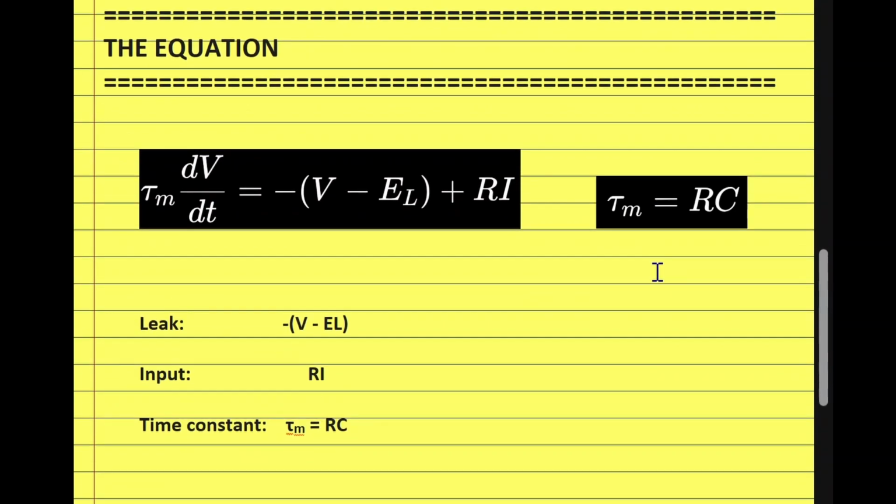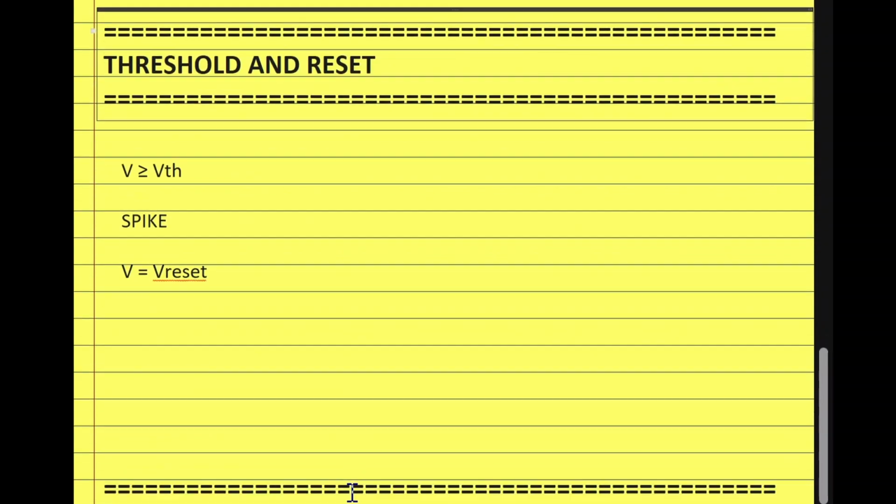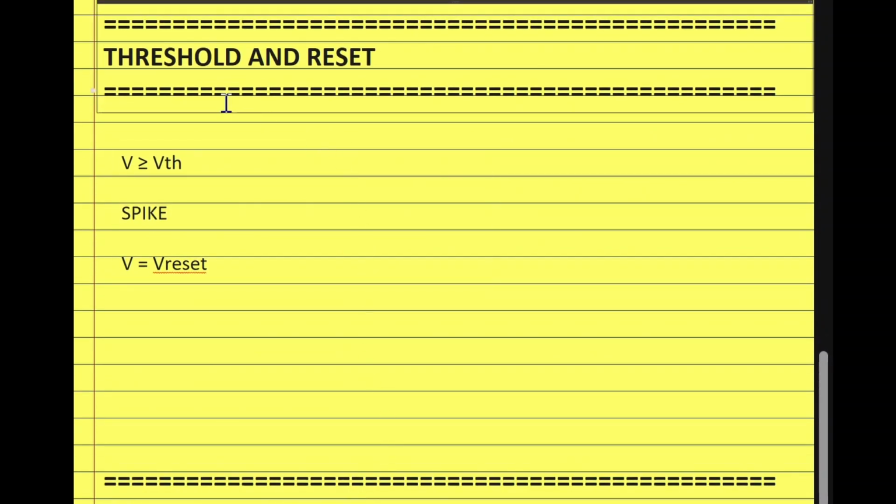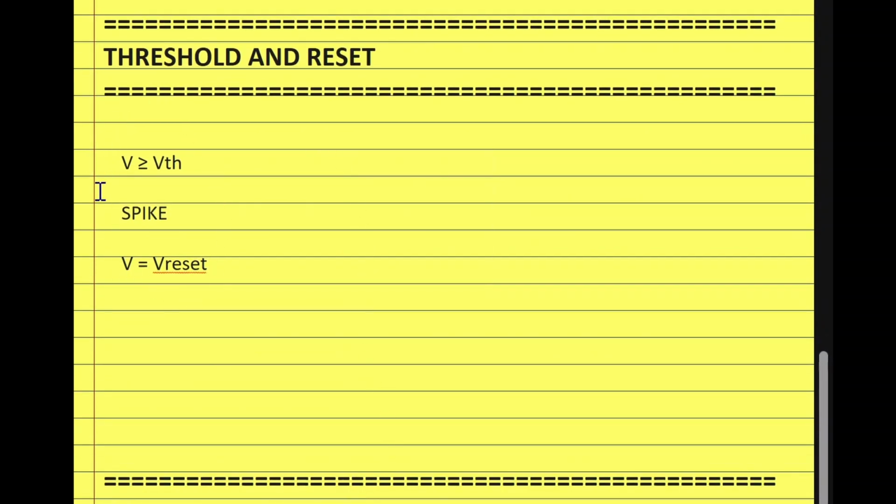The Leaky Integrate-and-Fire model had a particular equation. We talked about this. Time constant times dv by dt is a leak term and an input term. So you have a leak term, an input term, and some sort of time constant. Then this is the next part of the Leaky Integrate-and-Fire neuron model.